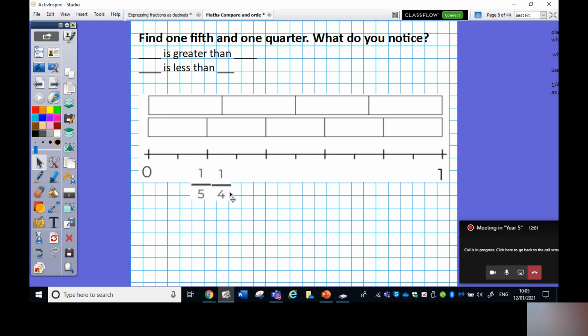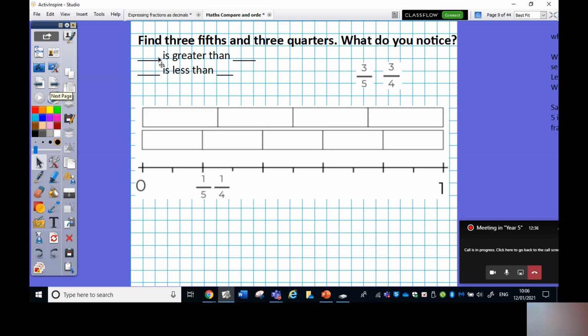And I can say that 1/4 is greater than 1/5, which is quite interesting because if you look at the denominator, the number 5 as a whole number is actually greater than number 4, and yet 1/5 is less than 1/4. So, that's really interesting.